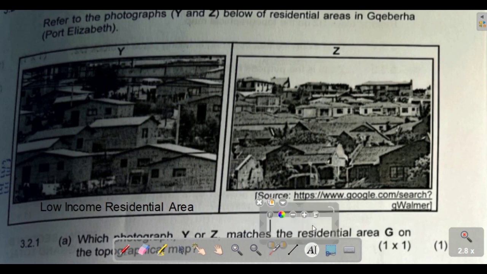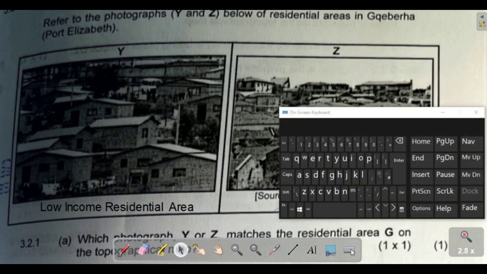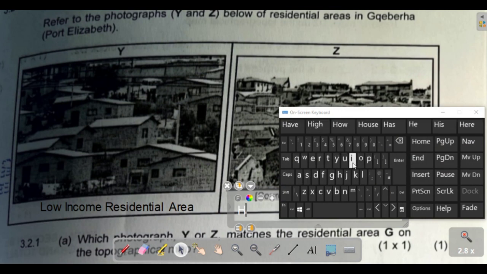So that's what we can see. We can see that each house is small, first of all, and it looks like the next house. So these are RDP. So this is low. And then this is high income residential area, right?